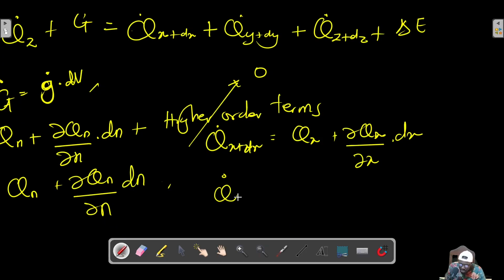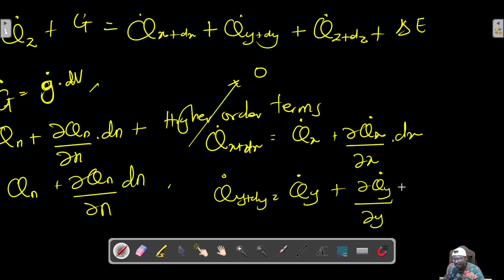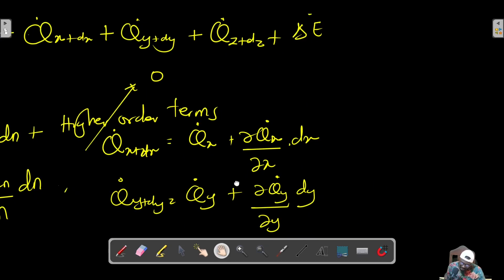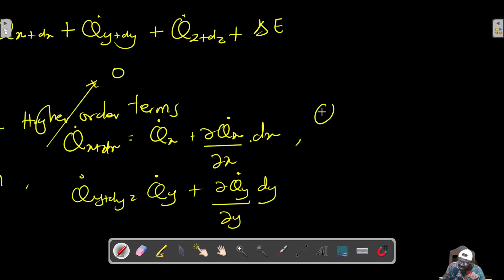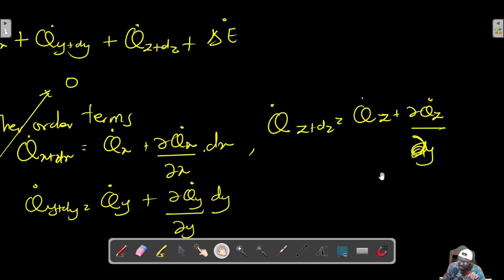Similarly, Q dot y plus dy is equal to Q dot y plus del Qy divided by del y times dy. These are all rate quantities. Similarly, Q subscript z plus dz is equal to Qz plus del Qz divided by del z, not y, del z dz.